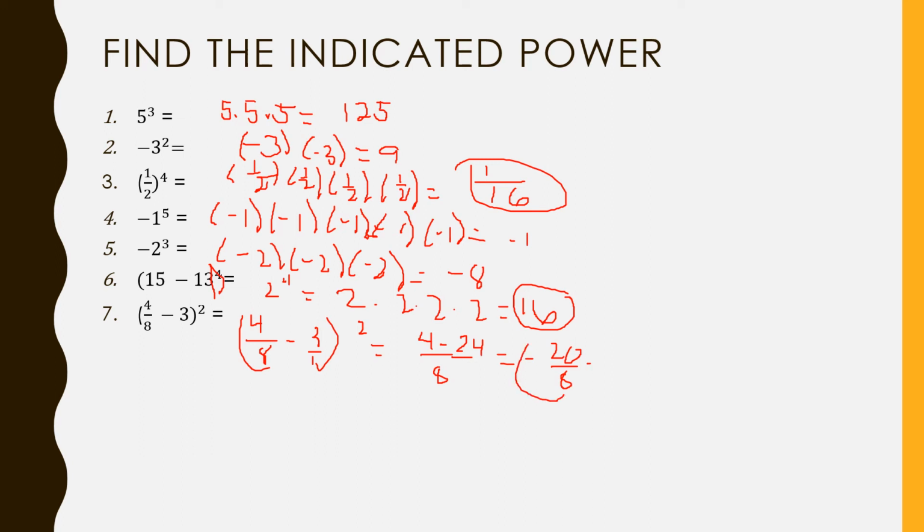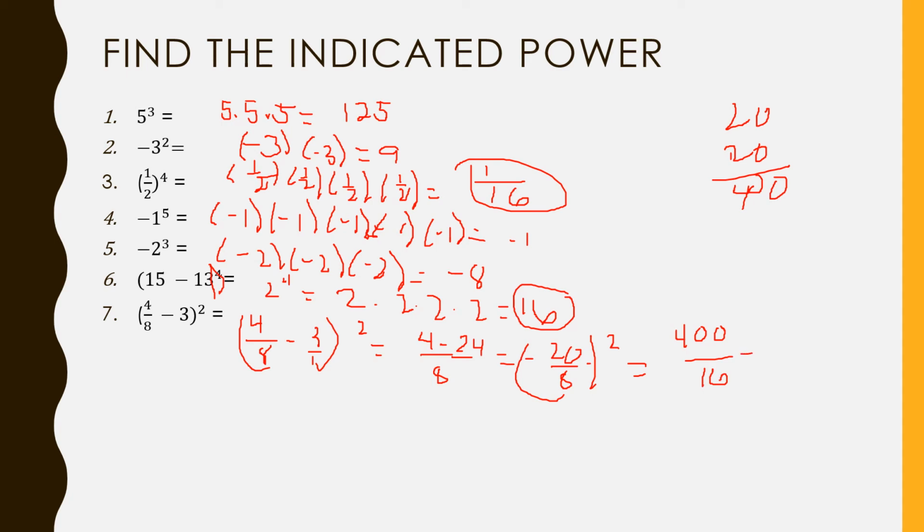Then we square it. So we have 20 times 20 is 400. Is it 400? Let's check. 20 times 20: two zeros, and 2 times 2 is 4. Correct. 400 over 8 times 8 is 16.